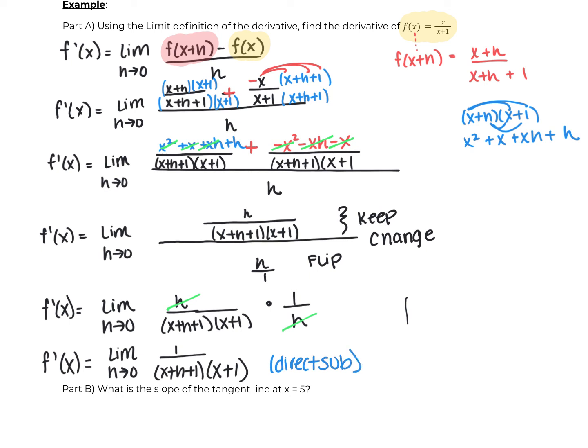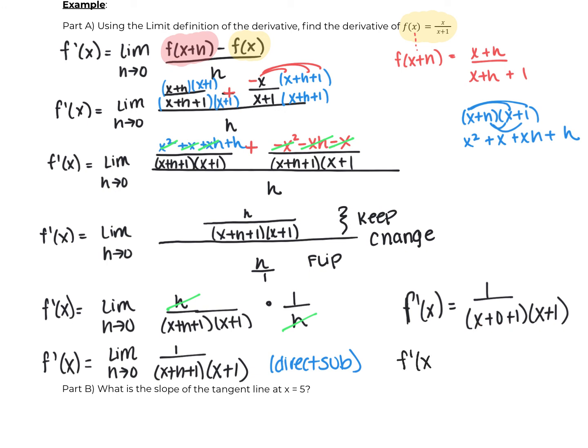And when we do our direct substitution, the limit will now go away because we're plugging in h is 0. So we've got f prime of x is equal to 1 over x plus 0 plus 1 times x plus 1, right? All I did was substitute 0 for h. So this parenthesis is really x plus 1.